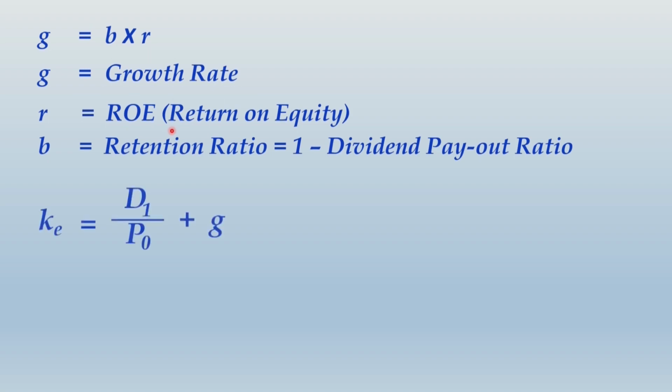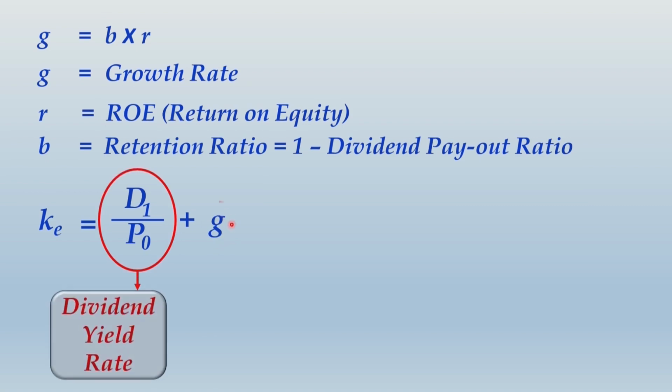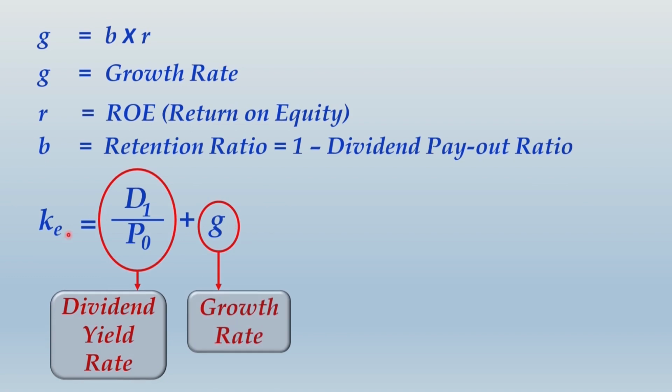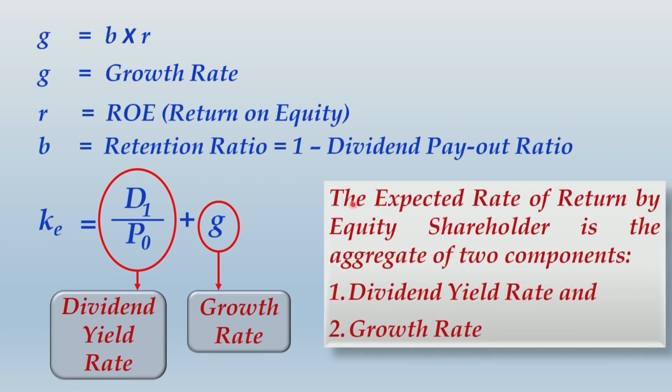And through this, when you compute KE equals D1 by P0 plus G, D1 by P0 would be identified as a dividend yield rate and G stands for growth rate. So whatever be the expected rate of return by the shareholder, it is basically the aggregate of dividend yield rate and growth rate. So you could conclude that the expected rate of return by the equity shareholder is the aggregate of these two components, that is dividend yield rate and growth rate.